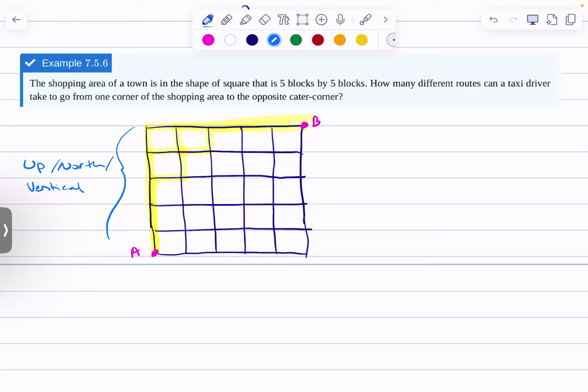And then all the sideways moves are going to be over. Up and over is the terminology I was using. Over, I guess, would be east, or horizontal.